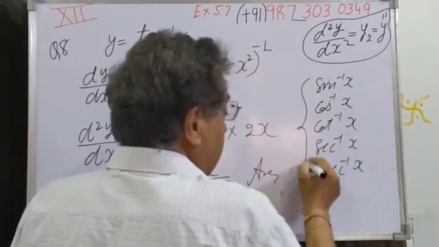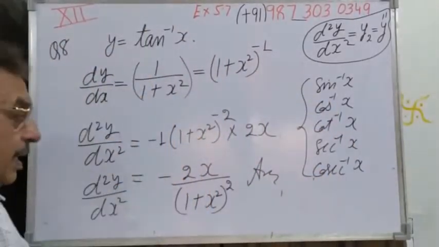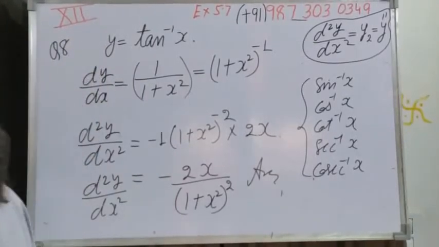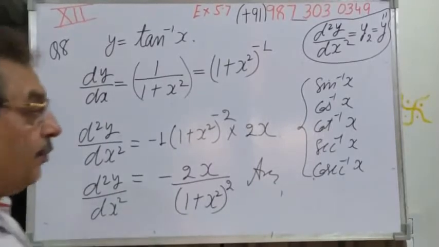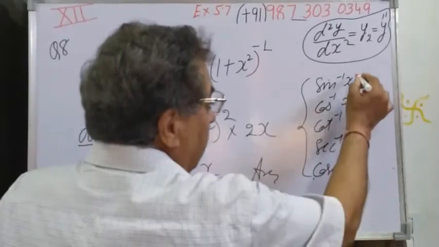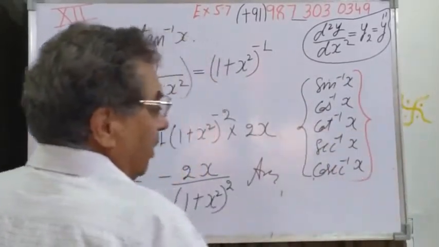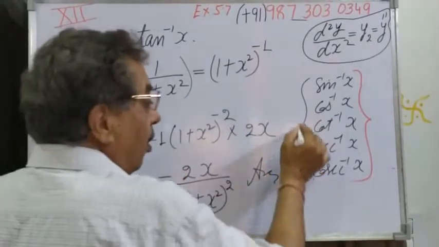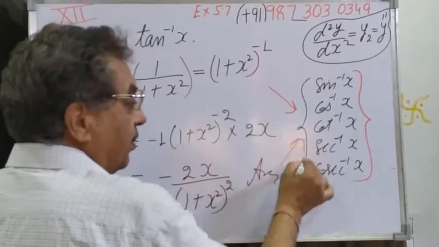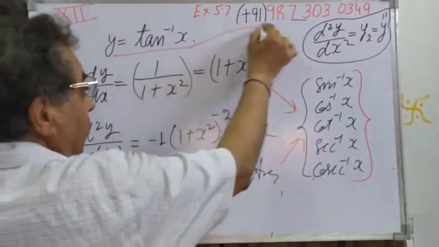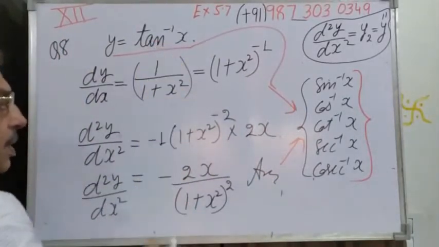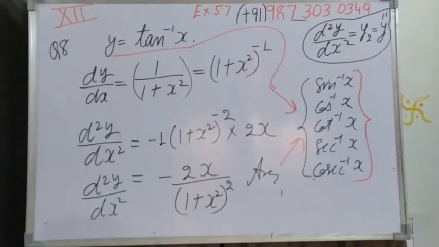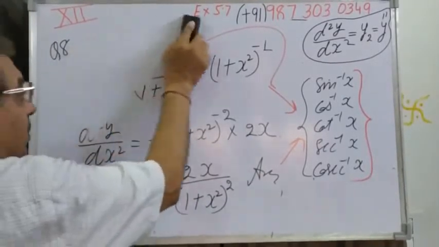As we have done for tan inverse x, similarly we can find the second derivative of all of the remaining 5 inverse functions, just the way we have done. This is the method for finding the derivative of the other 5 inverse trigonometric functions.